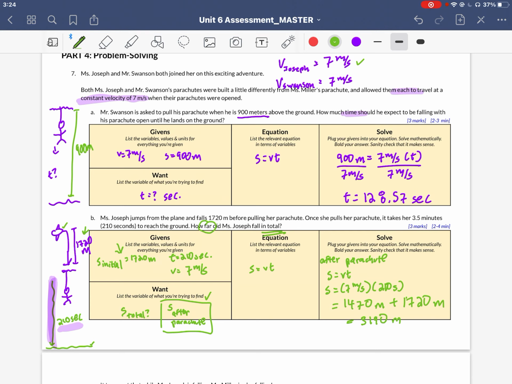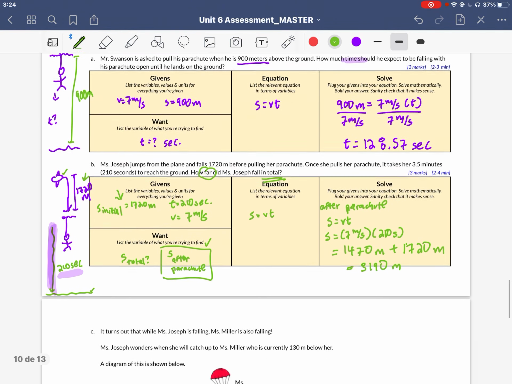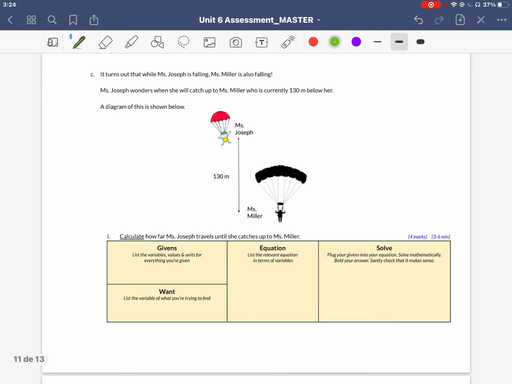Okay, so 7A and B were both answered pretty well. 7C was where people started having some issues. So it turns out that while Ms. Joseph is falling, Ms. Miller is also falling. Ms. Joseph wonders when she will catch up to Ms. Miller, who is currently 130 meters below her.